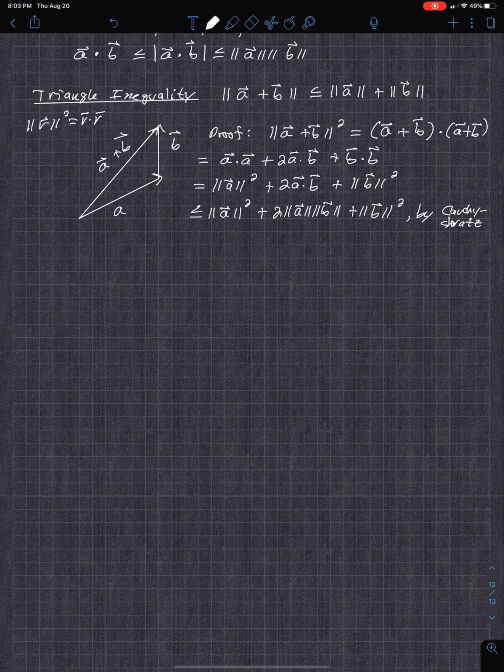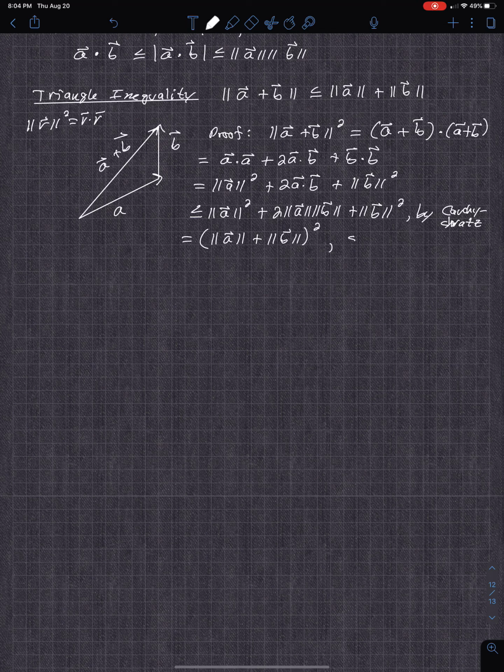Then that right-hand side factors; it's a perfect square trinomial: magnitude A plus magnitude B, quantity squared.